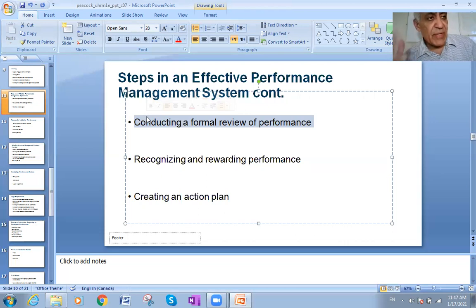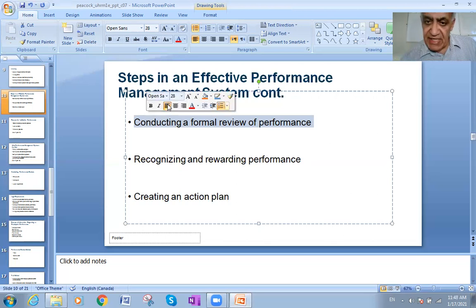Control will monitor activities, and the control system will also find out the gaps between the standards and the real performance. So you will find the gaps between them, but not to catch the mistakes. The reason for control is not to catch mistakes. The reason is to correct the performance.